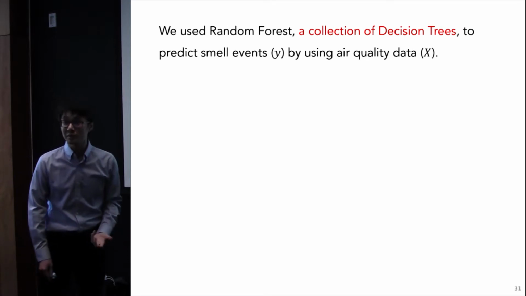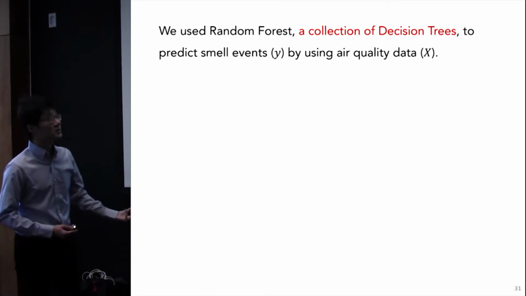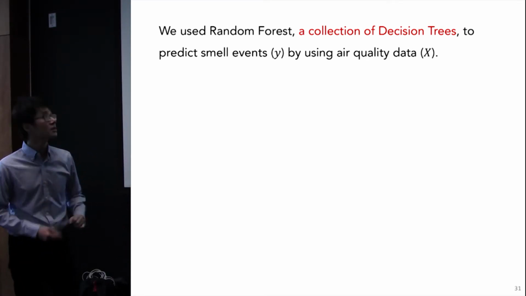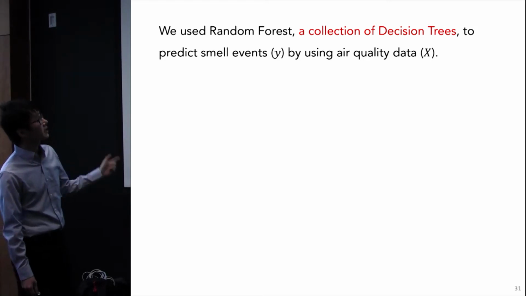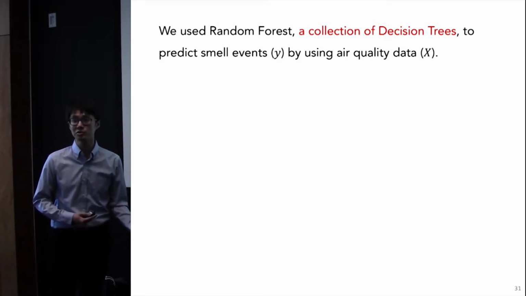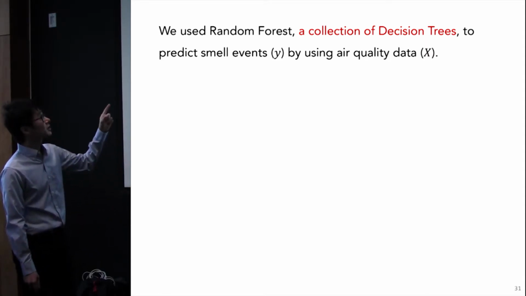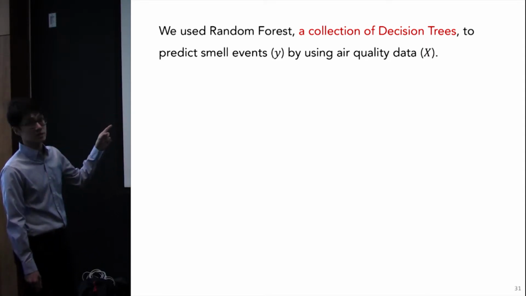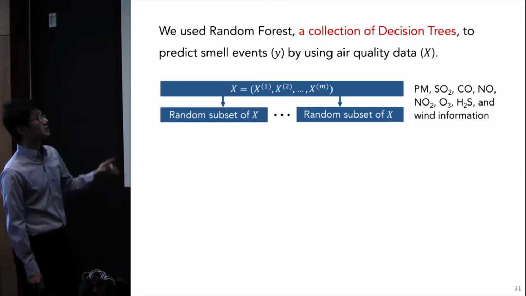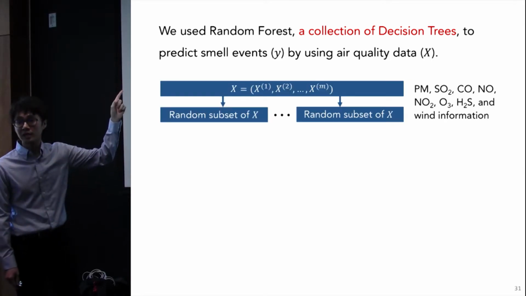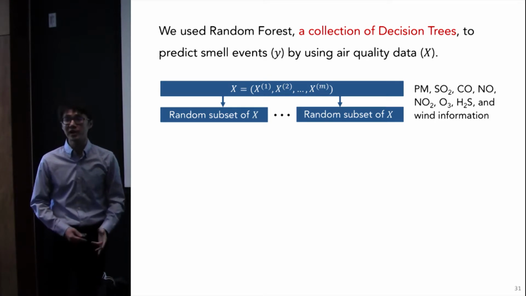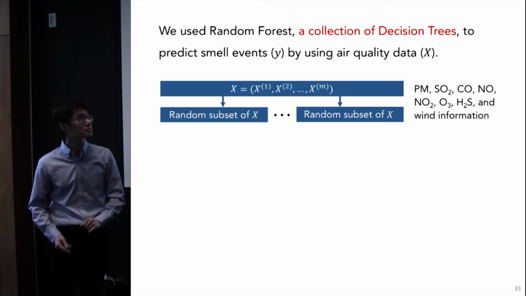Now I'm going to describe the model. So that's the f of x part. It's called a random forest. And the idea is it's a collection of trees that makes the decisions. We want to use the air quality data to predict the smell event. So the idea is here. We take all the data and we first divide them into different subsets.